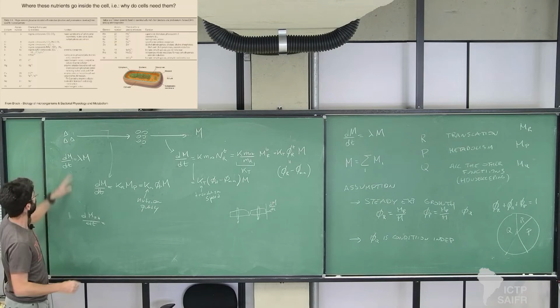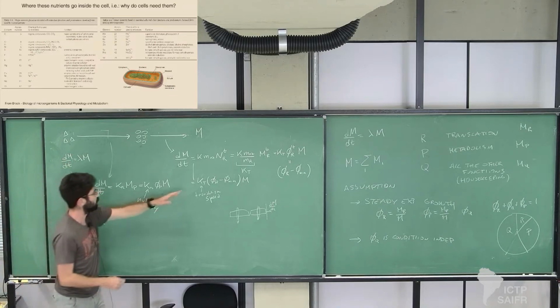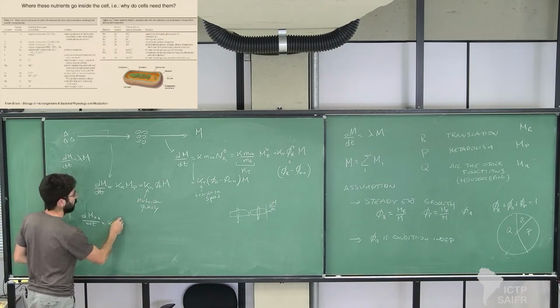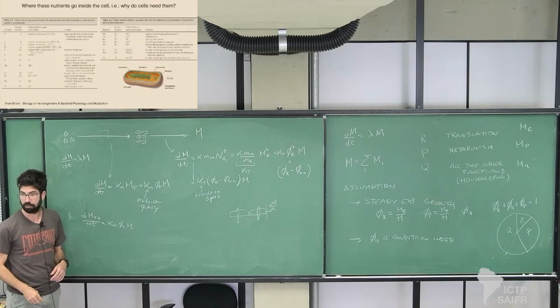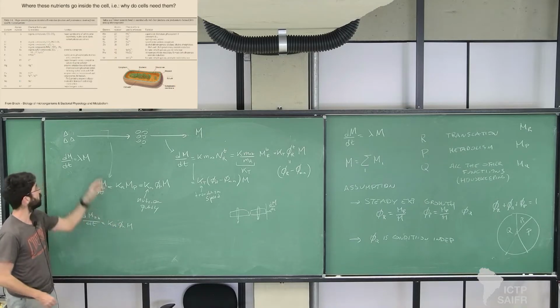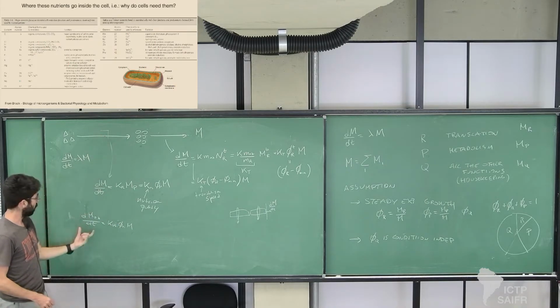And I say this is something that is proportional to Kn phi n times n, okay? Because this is the MP, so it's what is driving this. Okay, so I say this is the same.